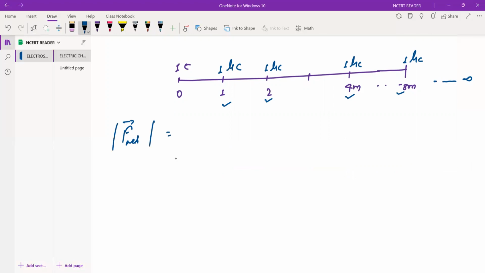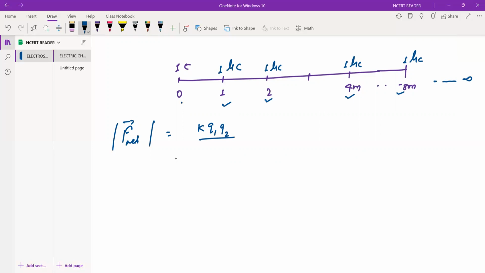I am calculating magnitude only. Between the 1 coulomb and the 1 microcoulomb charge which is very near, it is k q1 q2 divided by the distance squared.